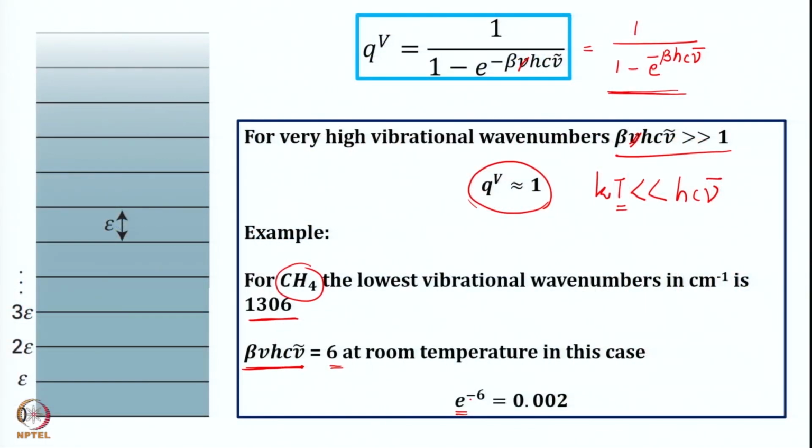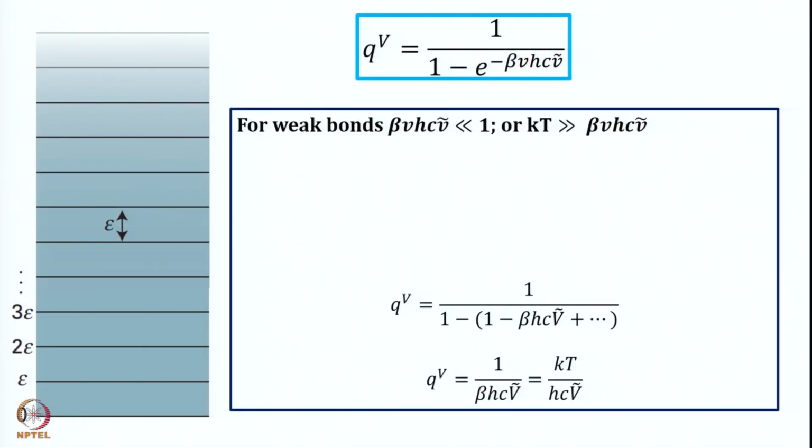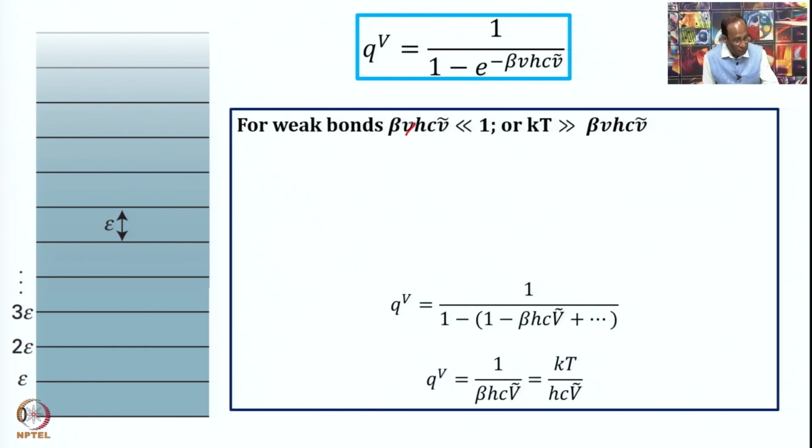And the reason is given over here just in the form of a short calculation. Now, what happens if beta h c nu bar is much less than 1, or kT is much higher than h c nu bar? That means, we are talking about high temperature now.